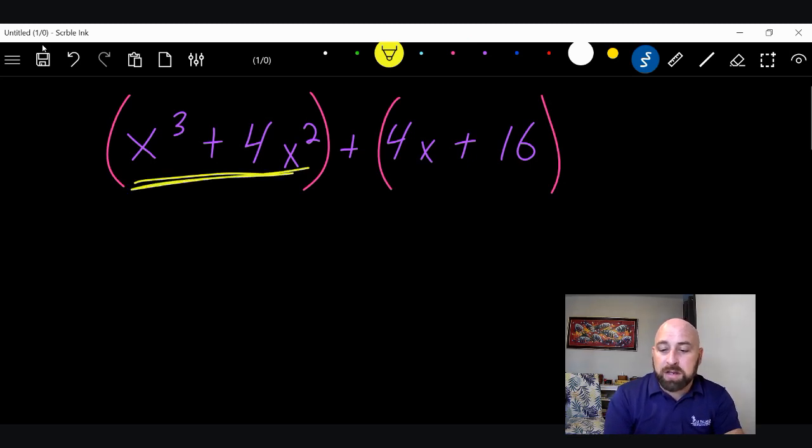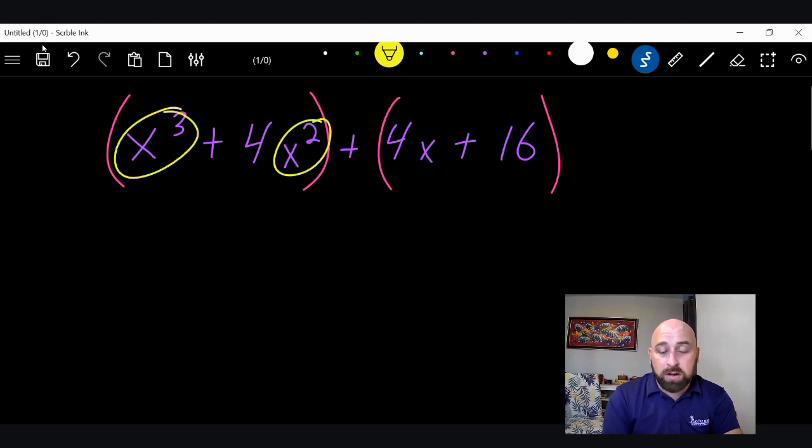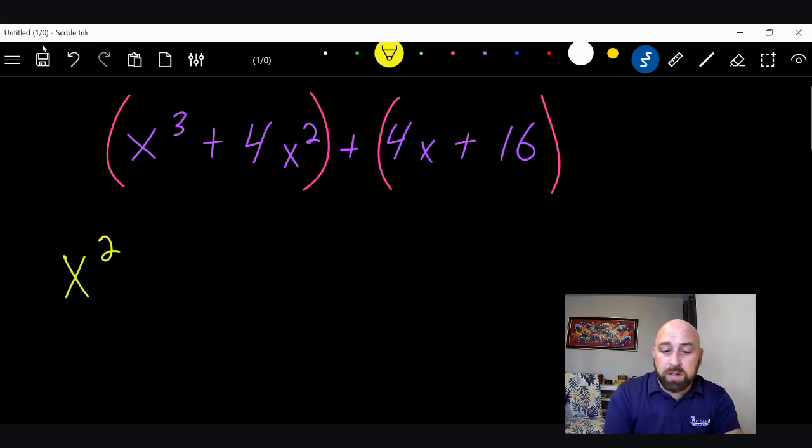What's common here? Well, we have an x squared here, and there's an x squared inside of that as well. So x squared is common. That's what comes out. Well, what happens when you divide this by x squared? That's right, you get x. Plus, what happens when you divide this by x squared? That cancels, and we get 4.